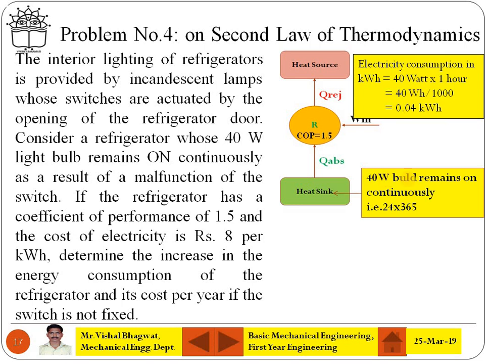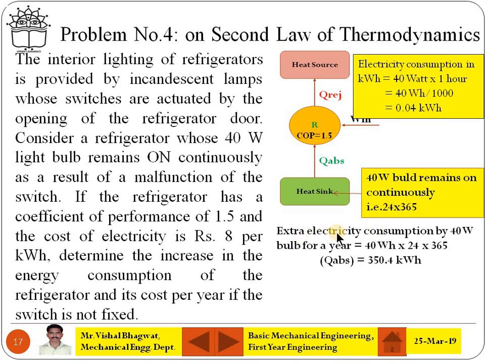So the 40 watt bulb remains on continuously, that is, for 1 day it is 24 hours and for 1 year, into 365 days. So the extra electricity consumption by the 40 watt bulb for a year is the wattage of that bulb into 24 hours into 365 days.